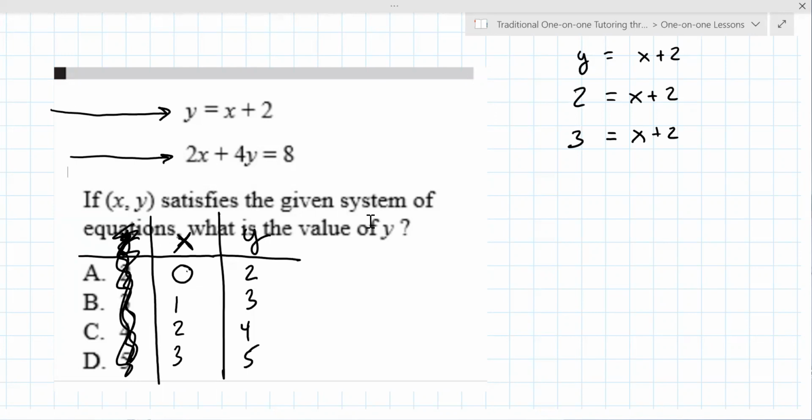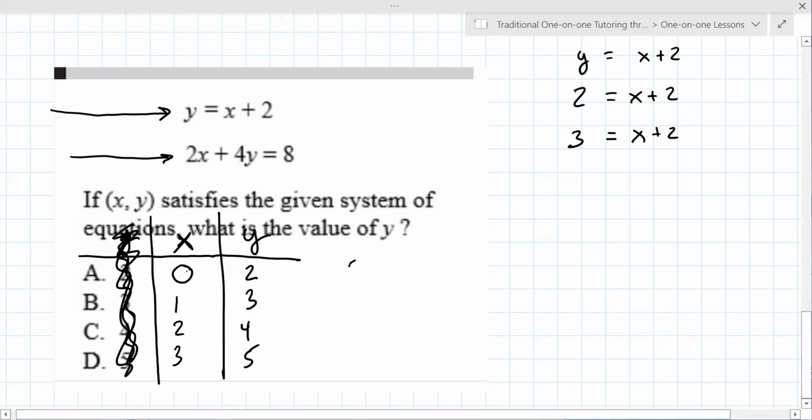Which answer are you trying? 0 and 2. Okay. I would guess that that is the answer.